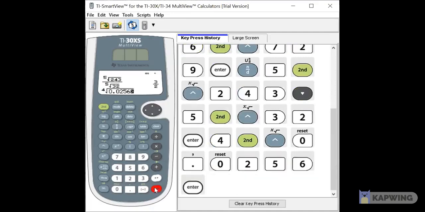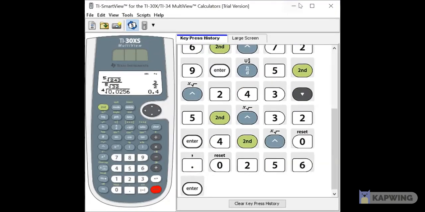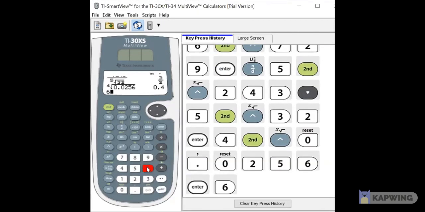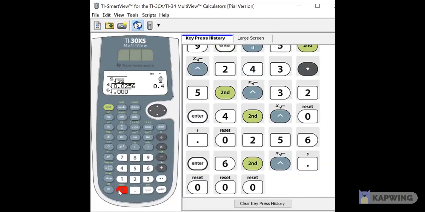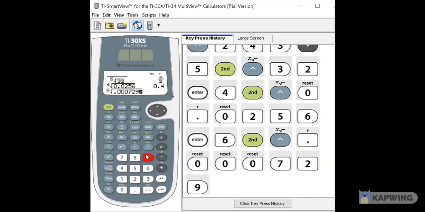The 6th root of 0.000729, and you get negative 0.3. If you put that in the calculator, you're going to get that.